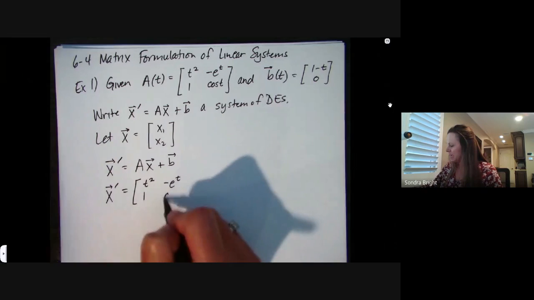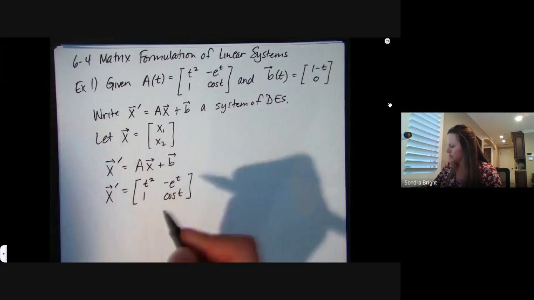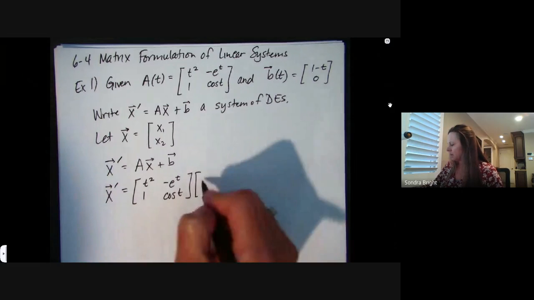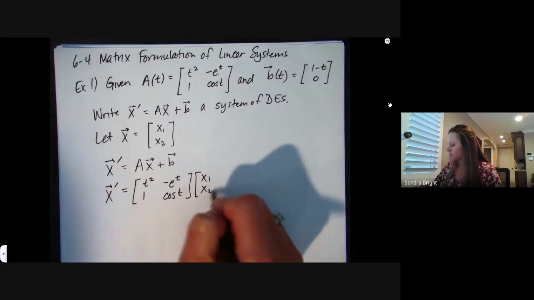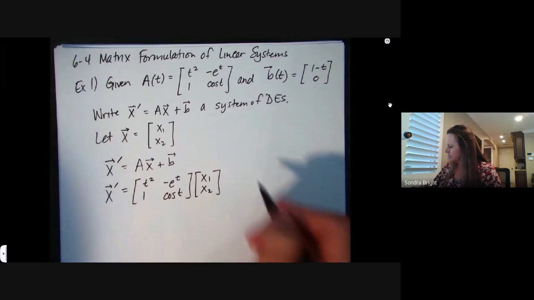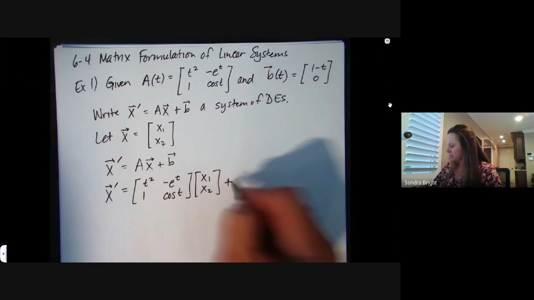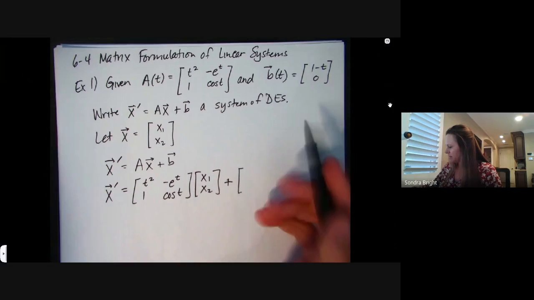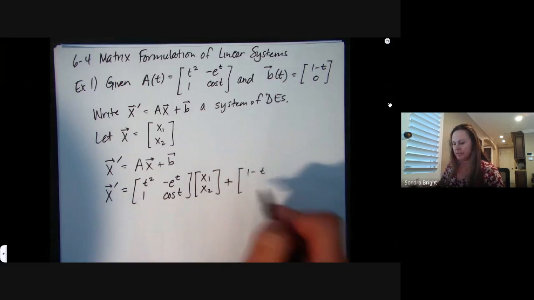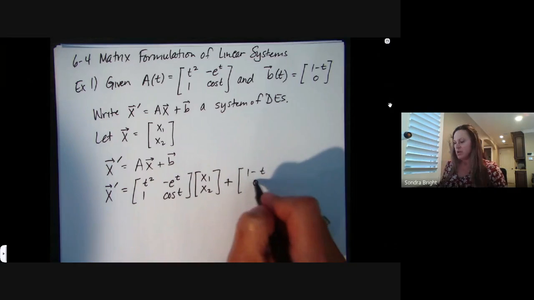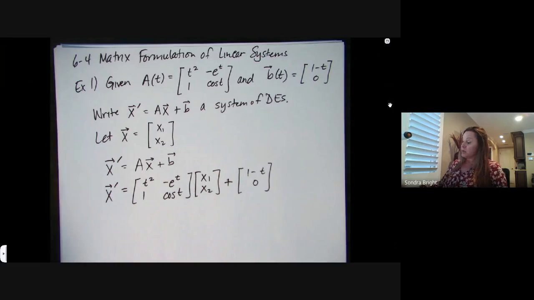We're going to multiply that times vector x, which is this column matrix of x1 and x2, and then plus this last column matrix, the b, and then 0, like that. All right. So that's the matrix equation.